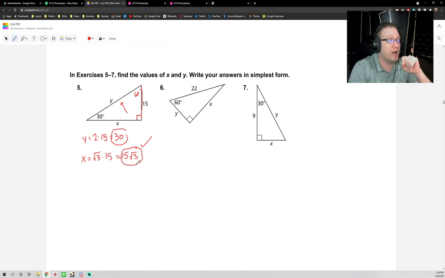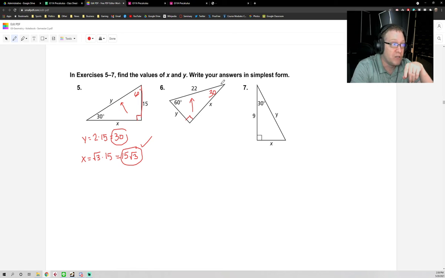Good? All right. One more. We'll do one more example. All right. Let's look at this one. Again, we have 90. We have 60. That means this has to be 30. All right. And remember, we just learned that if this is a 30, 60, 90, that means the short leg over here times 2 will equal the hypotenuse, which is this side, the long one.